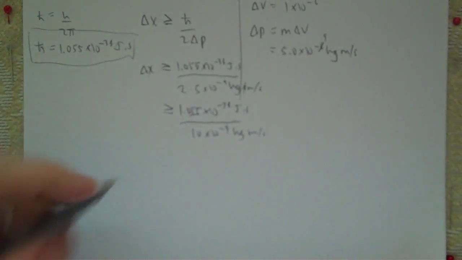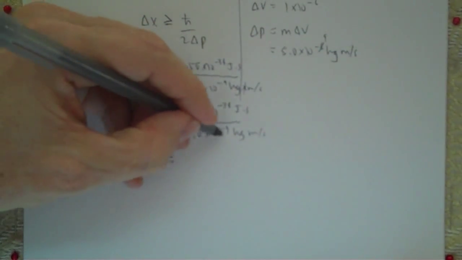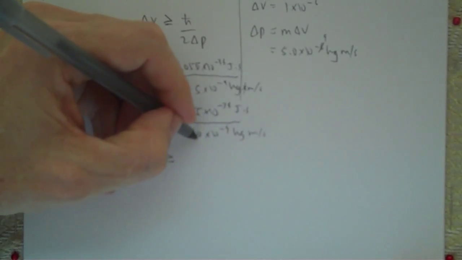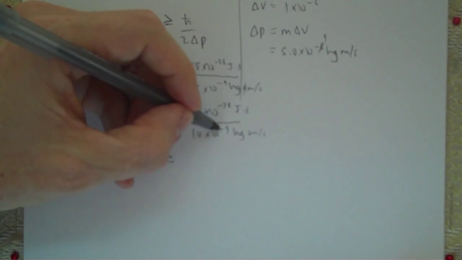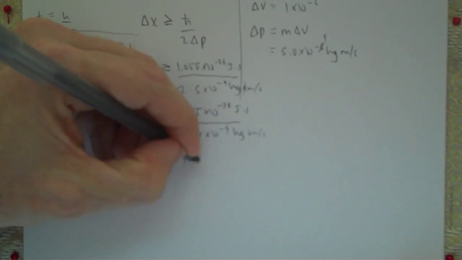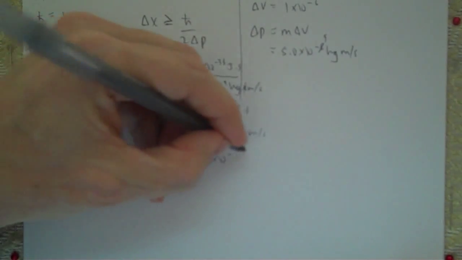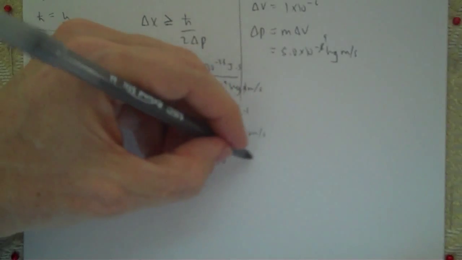I'll do this in my head. It is greater than or equal to, that's 1 times 10 to the negative 8, and negative 34 over negative 8 gives negative 26, so it's 1.055 times 10 to the negative 26, and it's delta x, so it's meters.